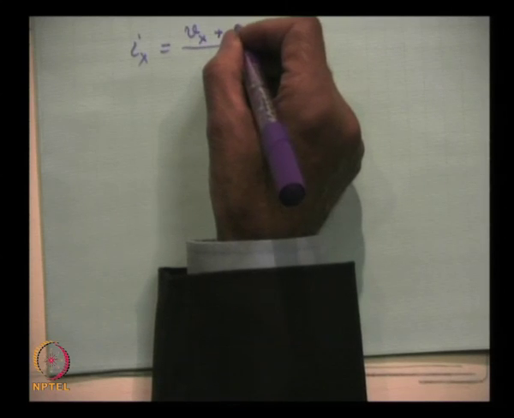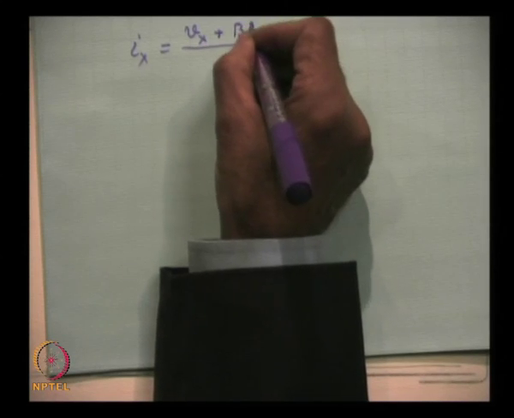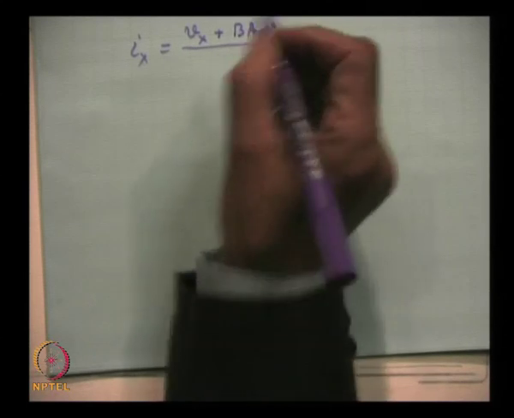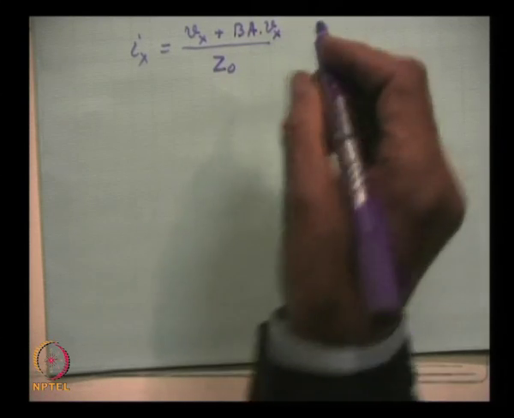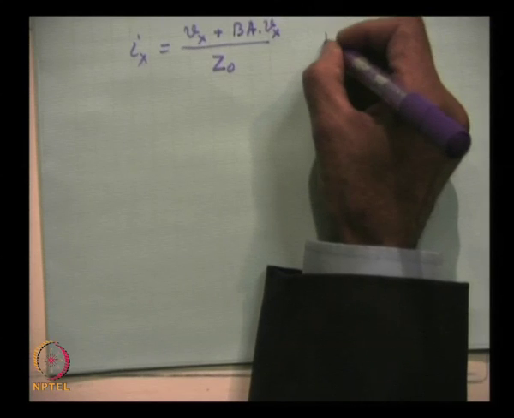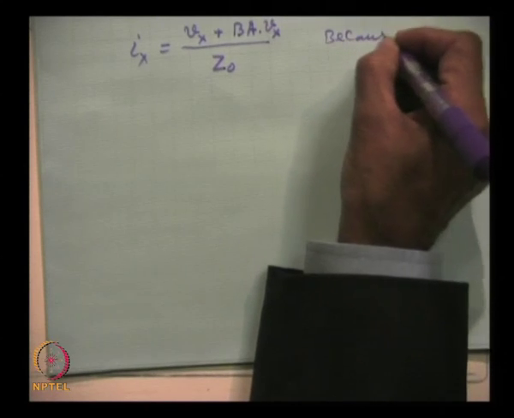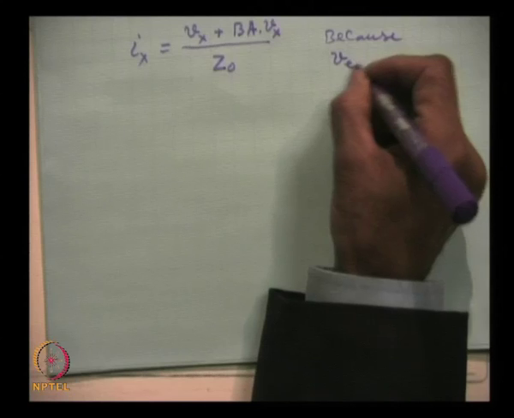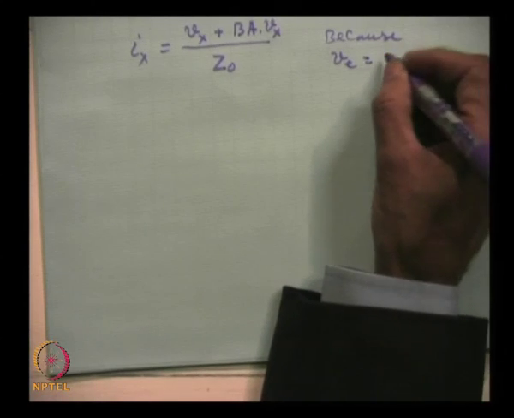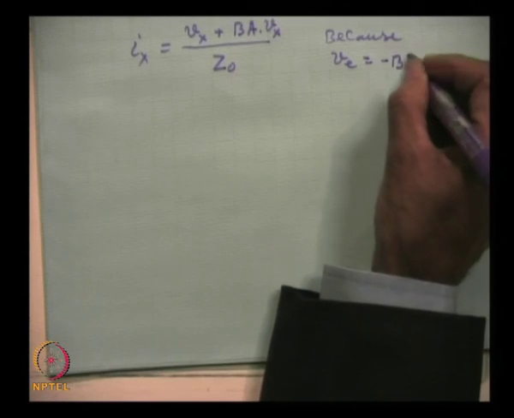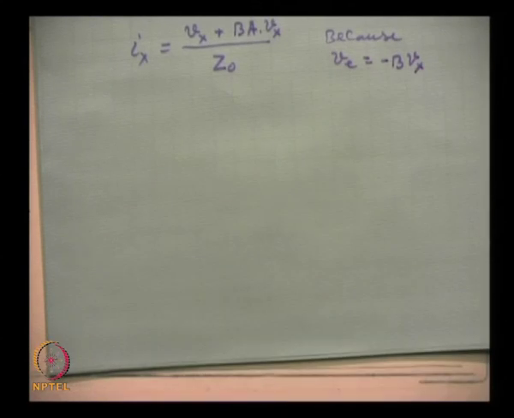The relationship for I x becomes equal to V x plus B A into V x by Z 0, because V e, the error signal, as we have shown above, is minus B V x.